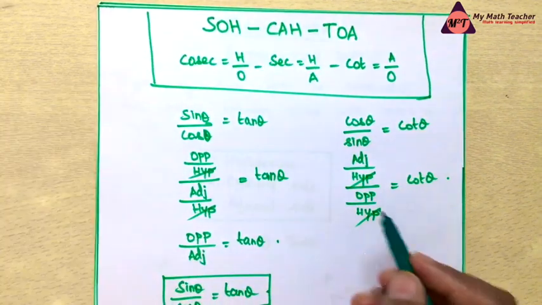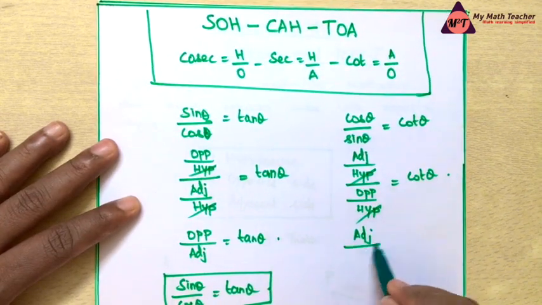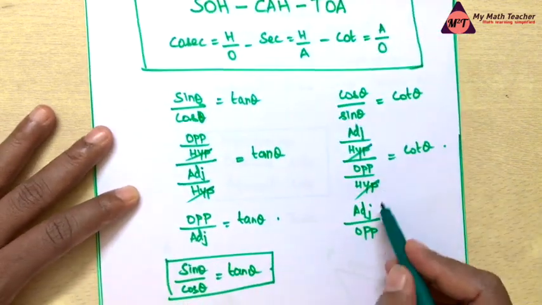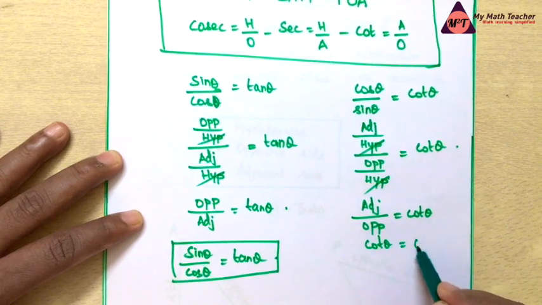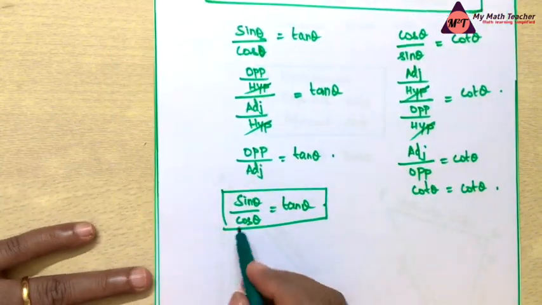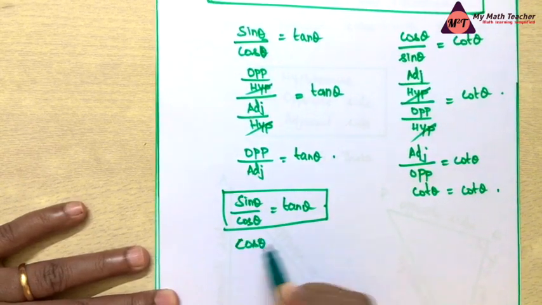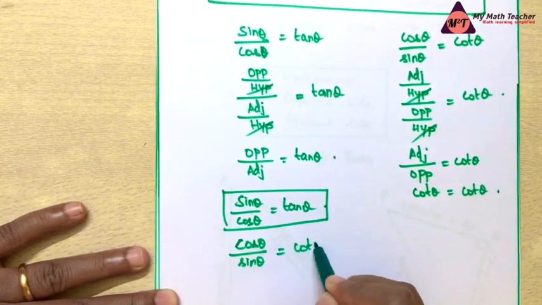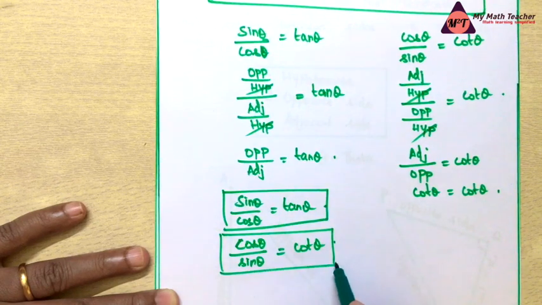Now we'll have only adjacent side by opposite side. What is adjacent side by opposite side? It is cot theta. Yes, cot theta is equal to cot theta. So we have come to the conclusion that the second one, cos theta by sin theta, is equal to cot theta. This is the second important identity.